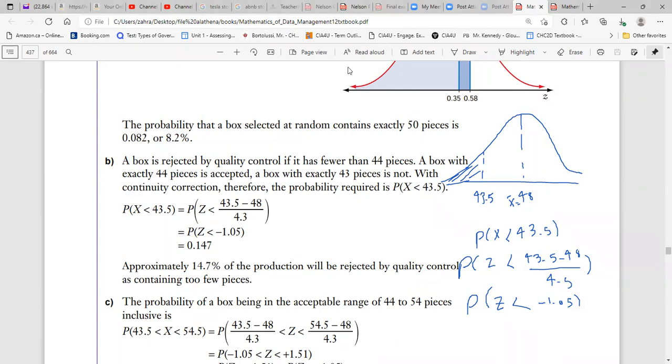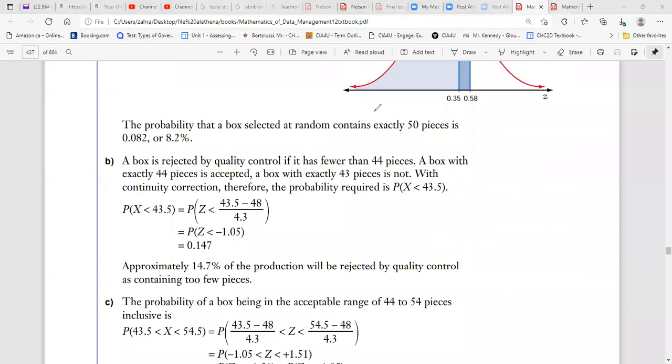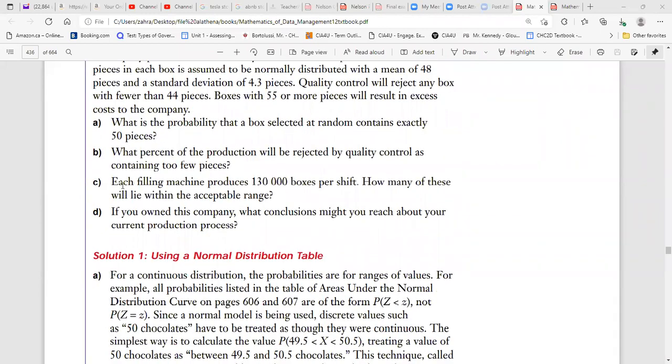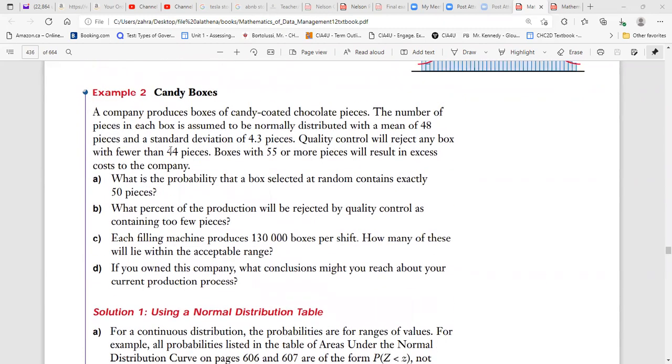Okay. The other part, part C, says each filling machine produces that many boxes per shift. How many of these lie within the acceptable range? I want to find the probability for the acceptable range, which is 44 to 55, right?